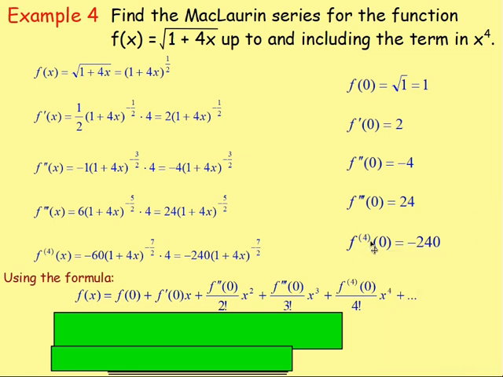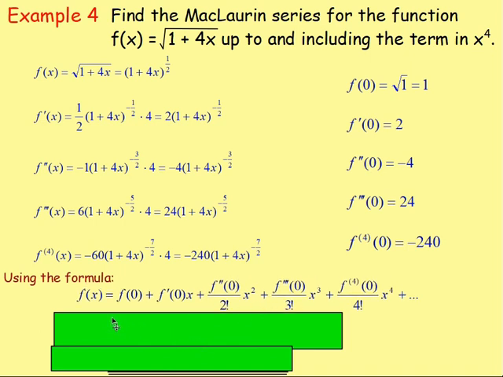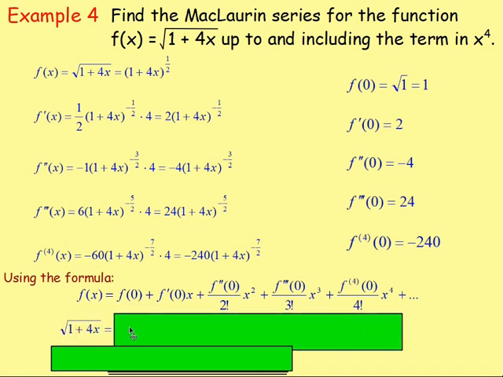After that, to get the Maclaurin series, you are using this formula. It is given on your formula sheet. f of x equals, and so on. So f of x is the square root of 1 plus 4x. So that would be f of 0 is 1. So it's 1 plus f dash 0 times x, which is 2 times x. Plus f double dash 0 over 2 factorial times x squared would be negative 4 over 2 factorial times x squared.